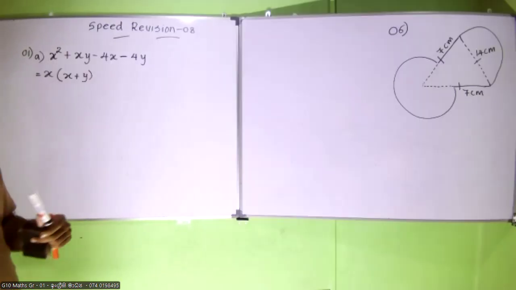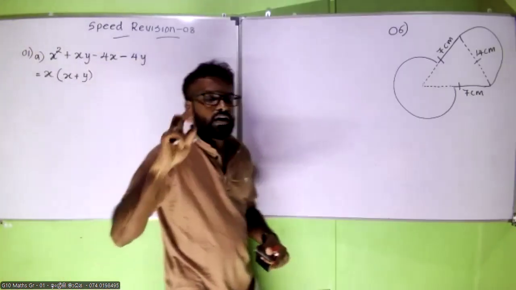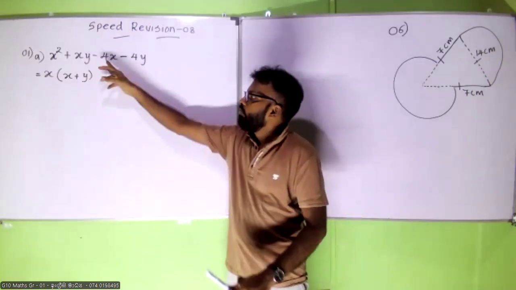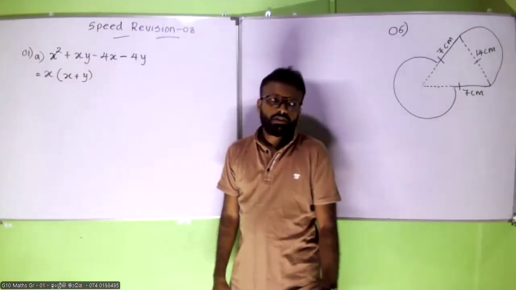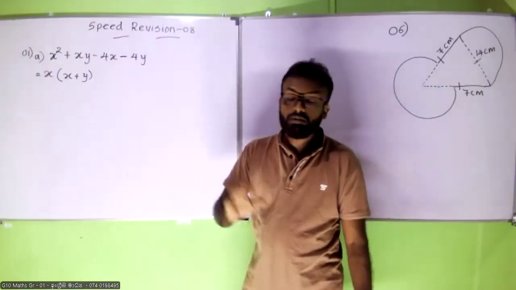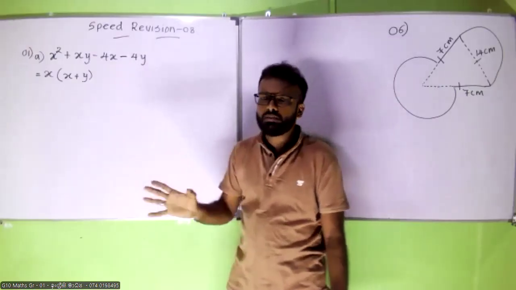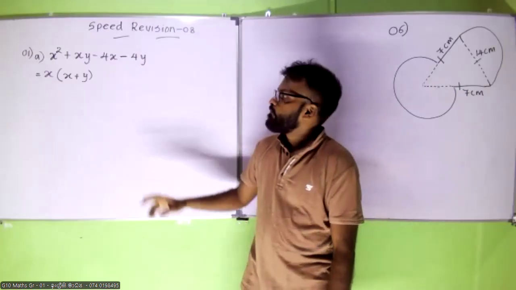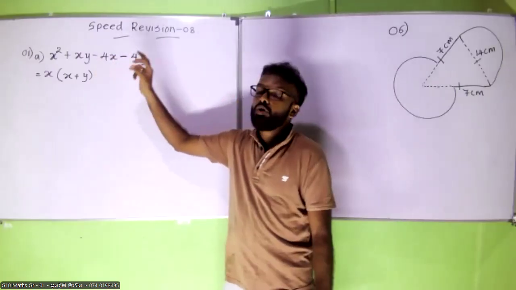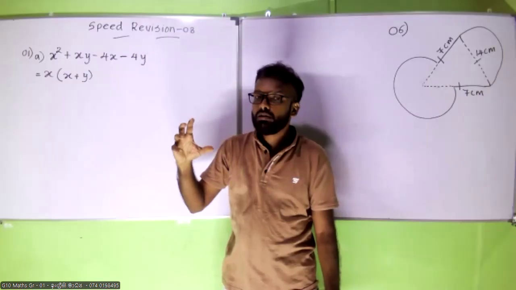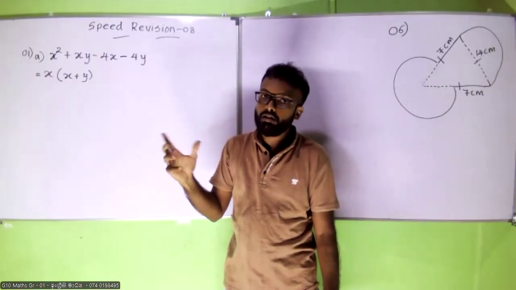By looking at these two at once, you can identify that 4 is a common term for both terms. But here you have negative signs.